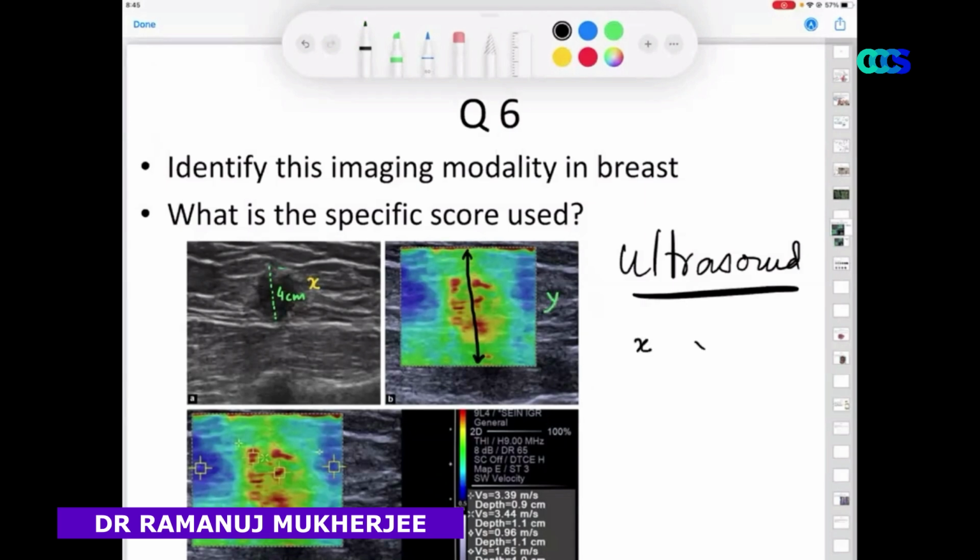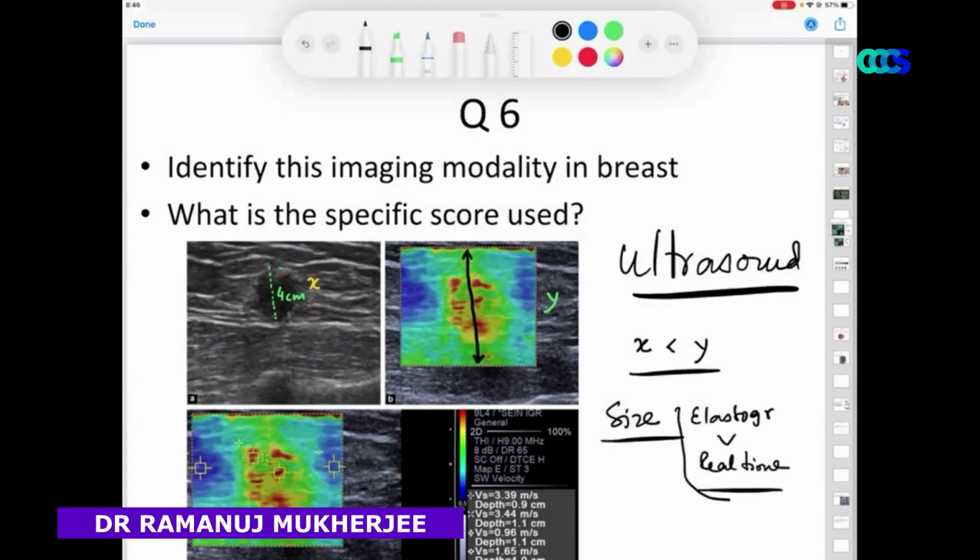Which one is more, X or Y? Very good. That means if Y is greater than X, the size of the lesion on an elastographic picture is more than that of the real time image on an ultrasonographic scan. Remember that suggests this to be more of a cancer.